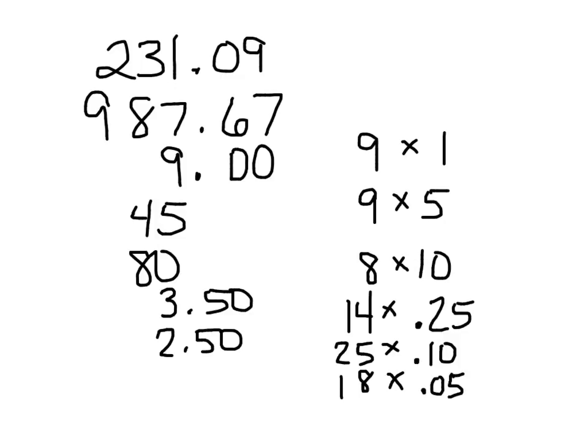What's 18 times 0.05? $0.90. Then it also says that you have 64 pennies. So 64 times 1 cent. What's 64 times a penny?